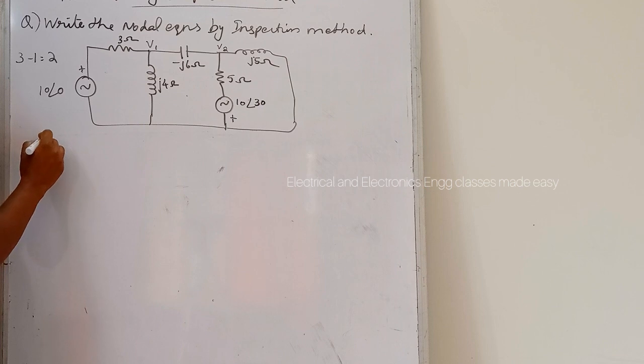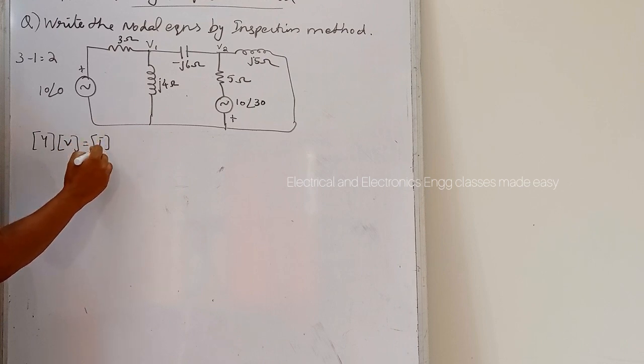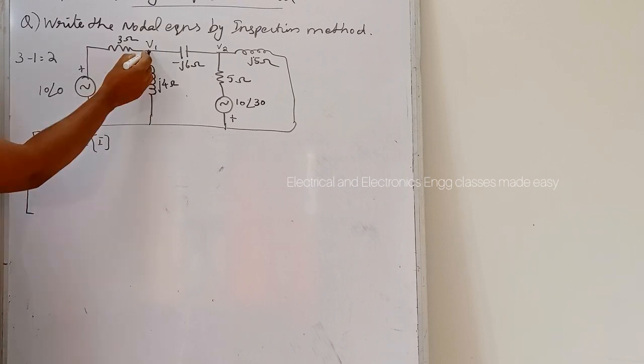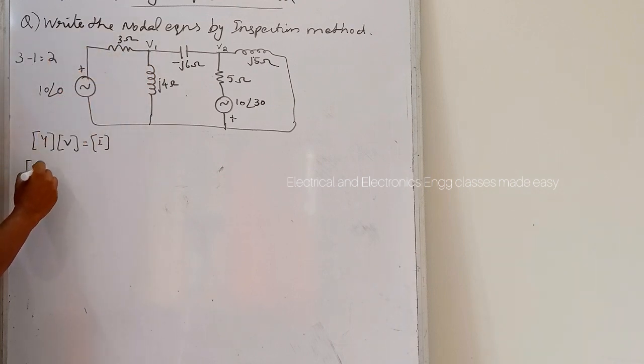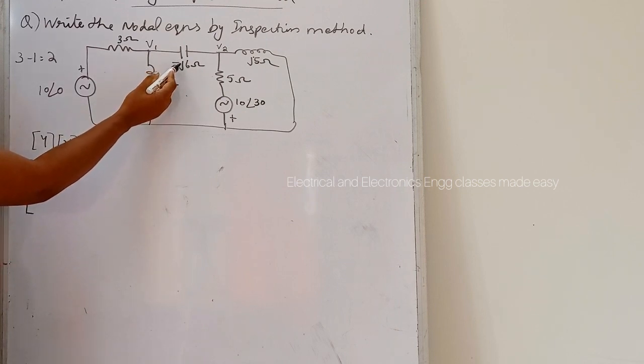So we can write by inspection method Y into V is equal to I form. We can write the Y matrix, that is Y11 is the self conductances connected to node 1, that is 1 by 3 plus 1 by j4, then plus minus 1 by j6.